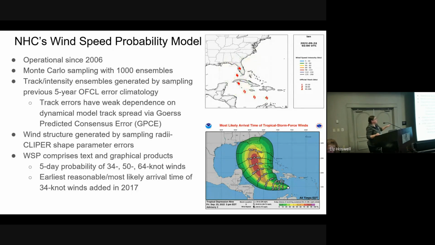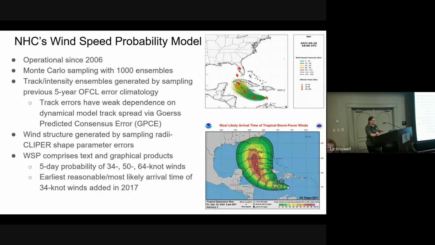So the wind speed probability model, you might also hear me call this the legacy model. This is the currently operational version of the wind speed probabilities at NHC. It's been around for almost 2 decades at this point in operations. And I'd already mentioned Monte Carlo sampling, going off of the previous 5-year error climatologies, and with some adjustment based off of GPCE for the track.